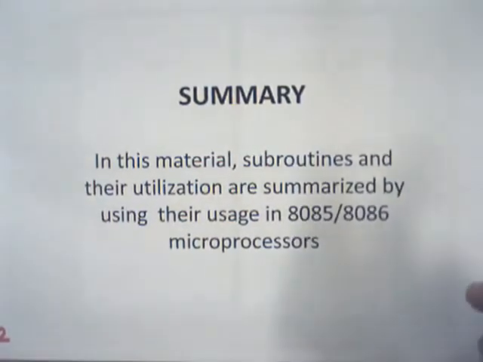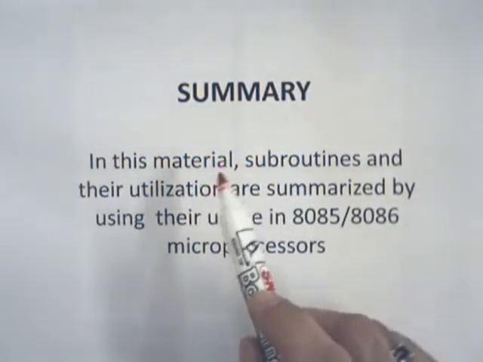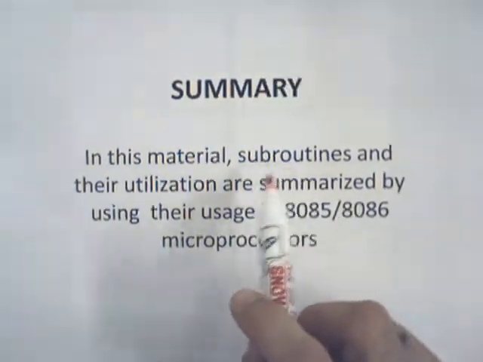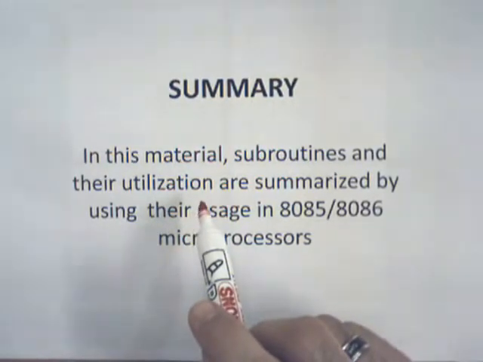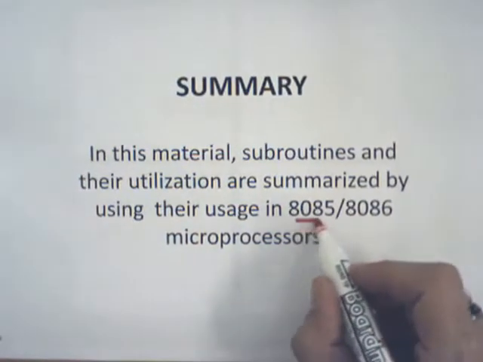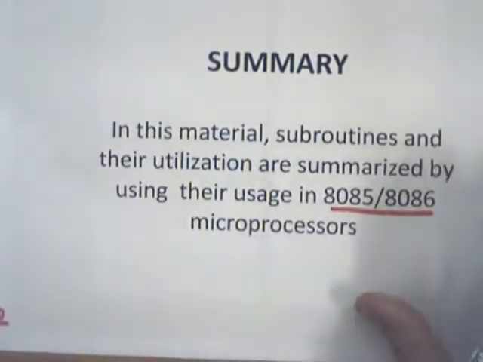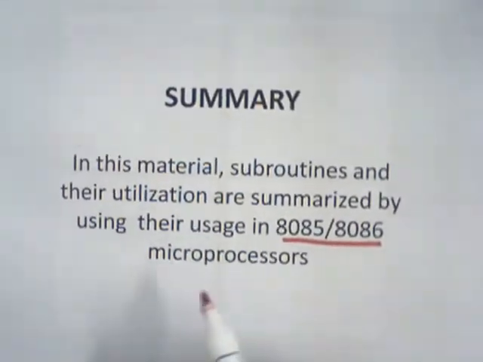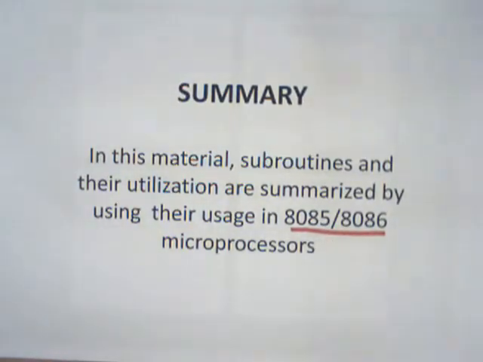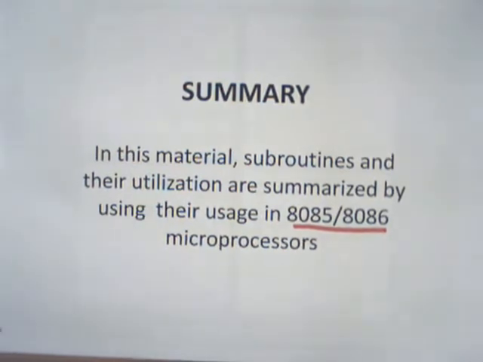The summary of the information given in this slideshow: subroutines and their utilization are summarized by using their usage in 8085 and 8086 classical microprocessors, 16-bit and 8-bit versions of these very well-known processors.